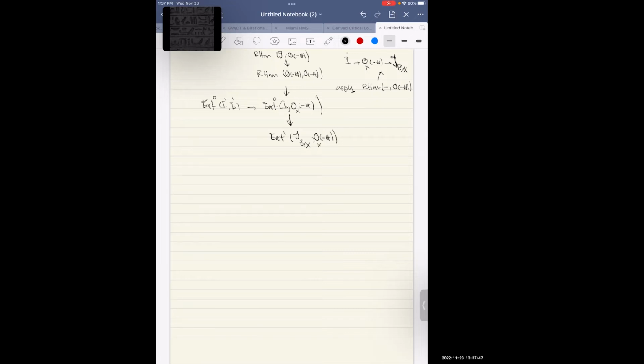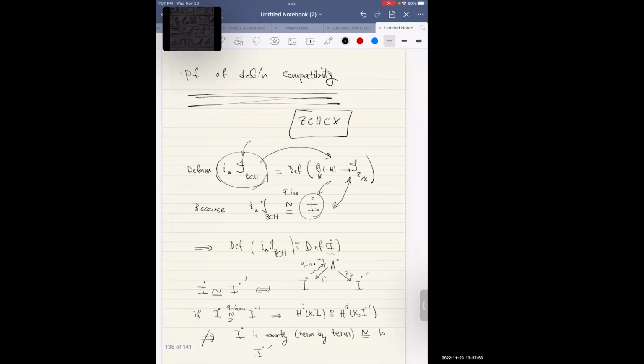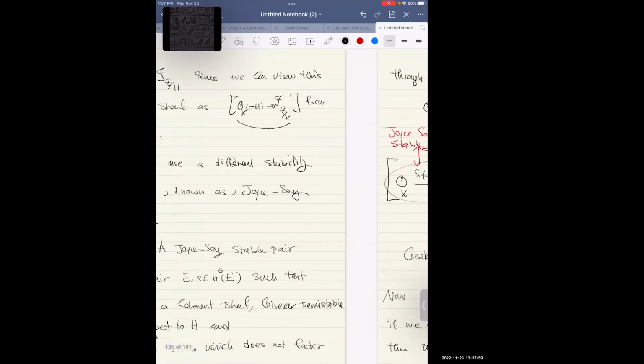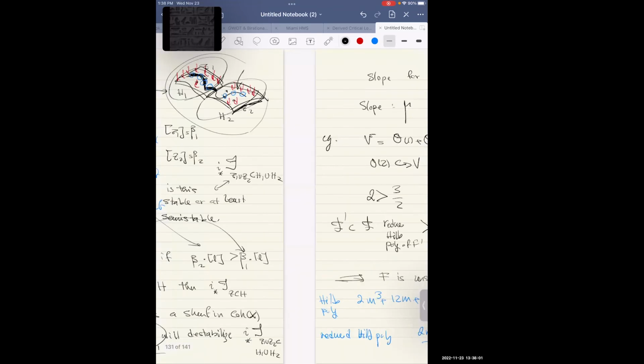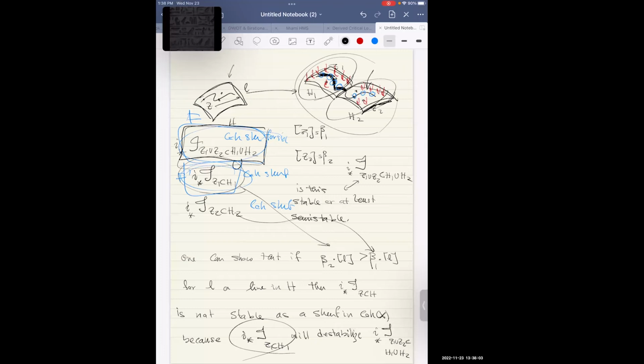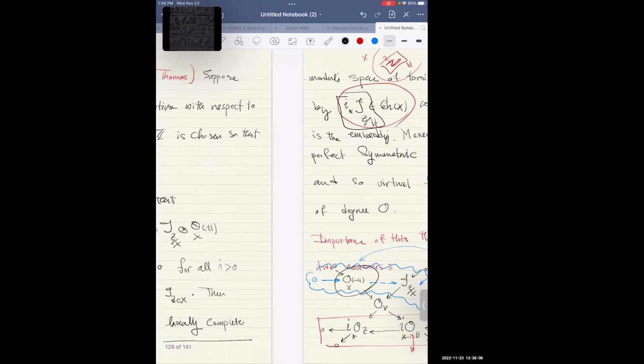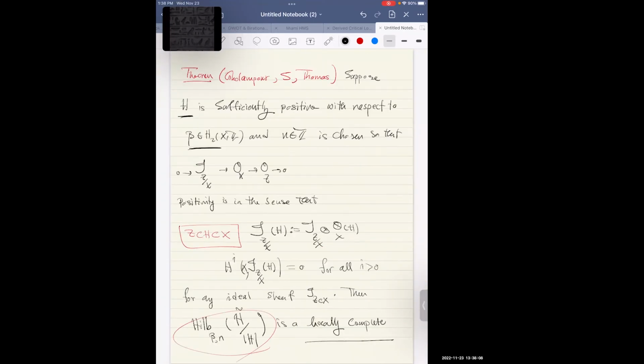Okay, so now actually you will see here why we need it. Remember that in the various statements of the theorem, we made an assumption that this surface is pretty much ample with respect to the ideal sheaf. H^i(X, I_Z in X twisted by H) is vanishing for all i bigger than 0.